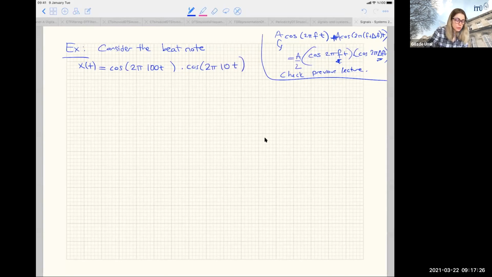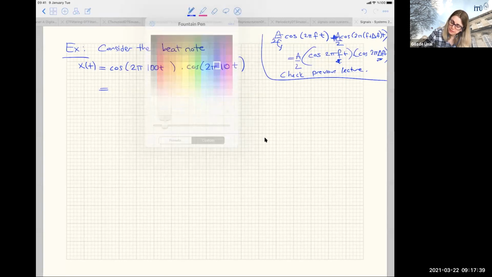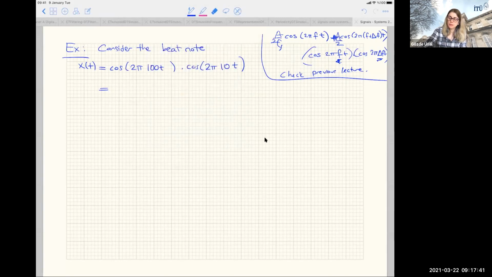Okay, so we know this is really, let me see, actually, guys, this was a/2. I think now when I look at my notes, this is a, right? Now f is 100, delta f is 10. I need here 1/2 cosine 2 pi 100t plus 1/2 cosine 2 pi 10t, right?